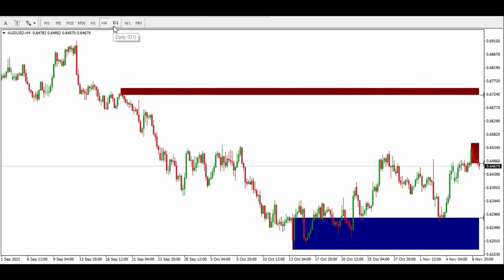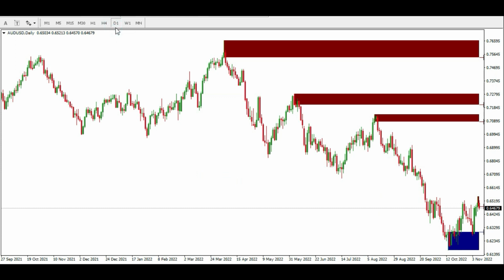About the Aussie dollar, for example, it has been in a strong bearish trend last year, I can tell, and we have a very high resistance right now. We are very close to the support, and because of that, we just need to be a little bit cautious here.